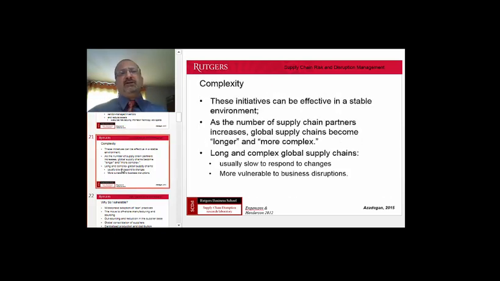One of the elements that we're going to talk about, and you're going to hear this again throughout the course, is the added complexity. Complexity, complex products and complex supply chains add to the possibility of risk and disruption showing themselves. Stable environments are wonderful because we can see what's going on.